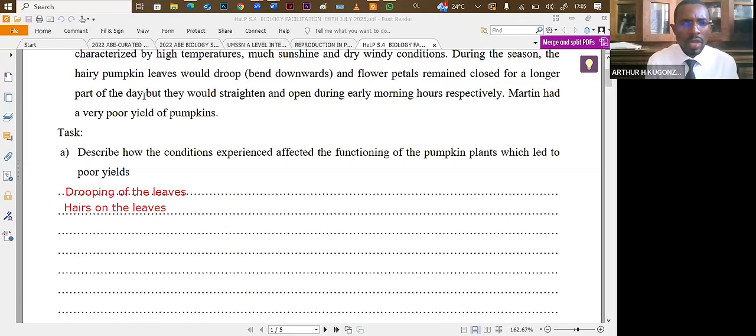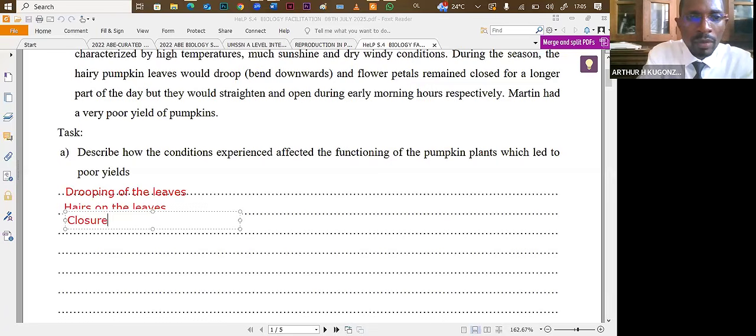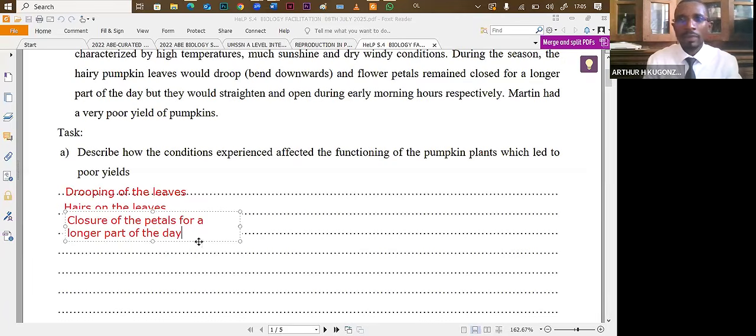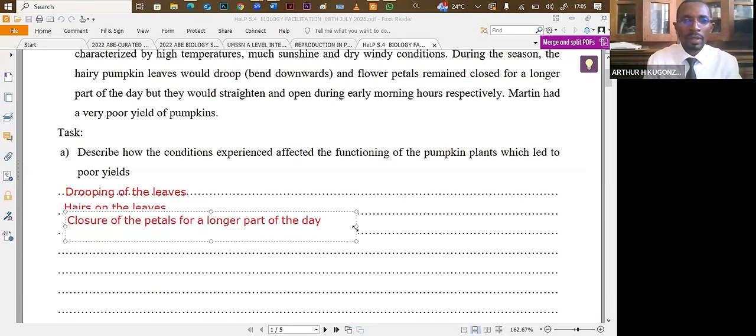Now the question is, when they close, can they help the plant somehow to survive these conditions? I think they can. So we shall also note down that point. Closure of the petals for a longer part of the day. That is my third point.